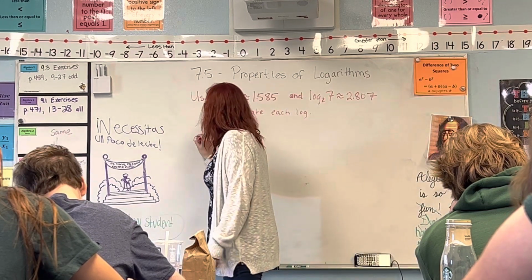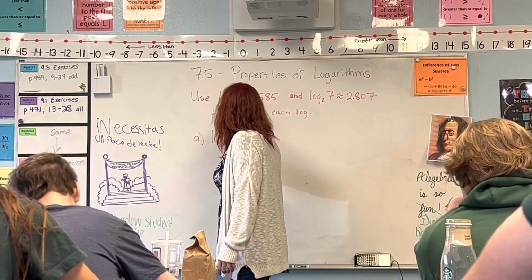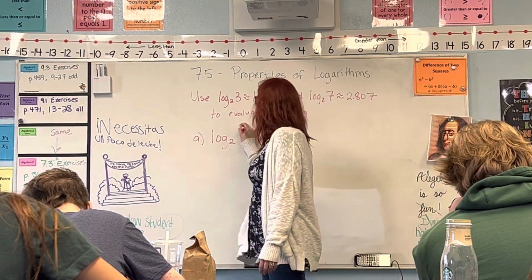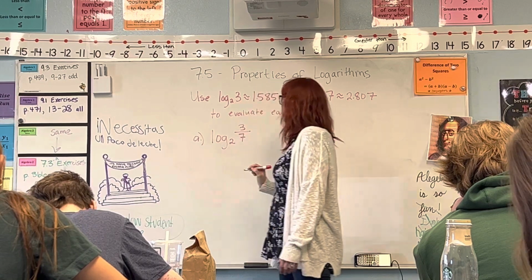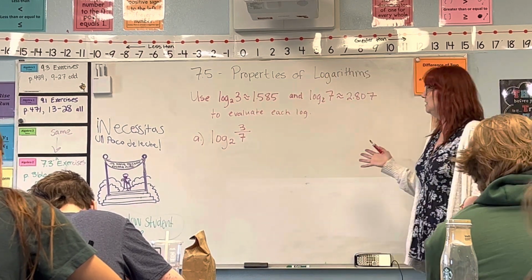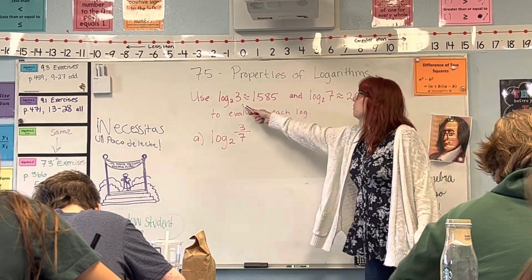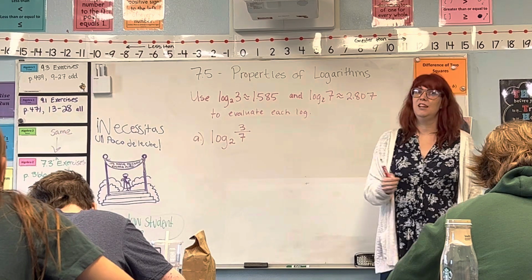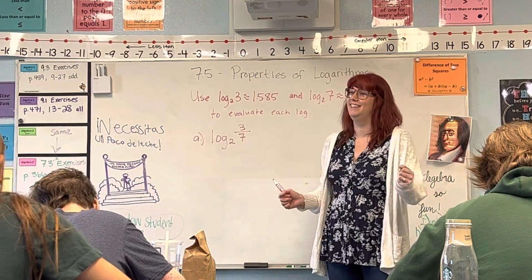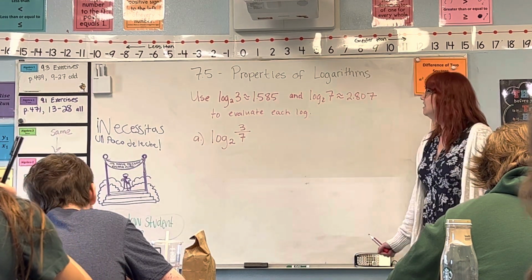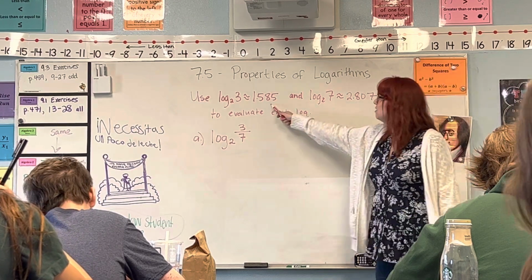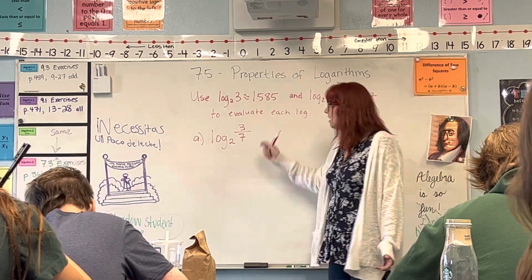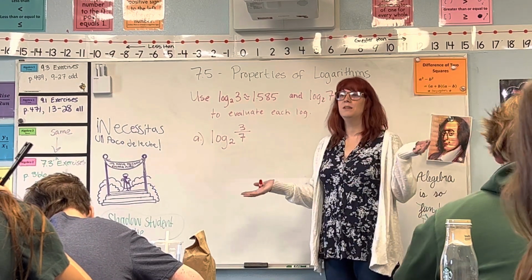So if I have log base 2 of 3/7, this first one's really easy. I've been given log of 3 and I've been given log of 7. So if we can turn 3/7 into some version of 3 and 7, then we can figure out what this log is. So 3/7 is the same thing as 3 divided by 7, right?